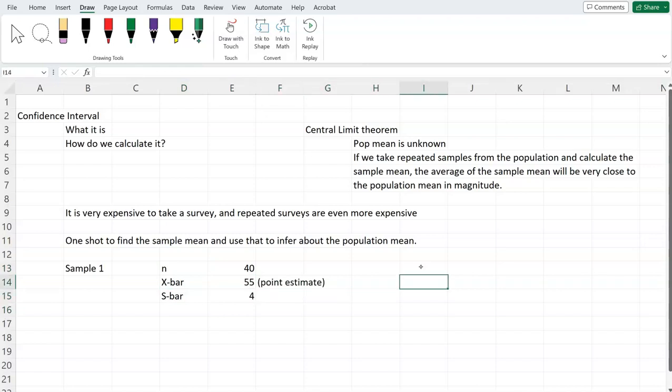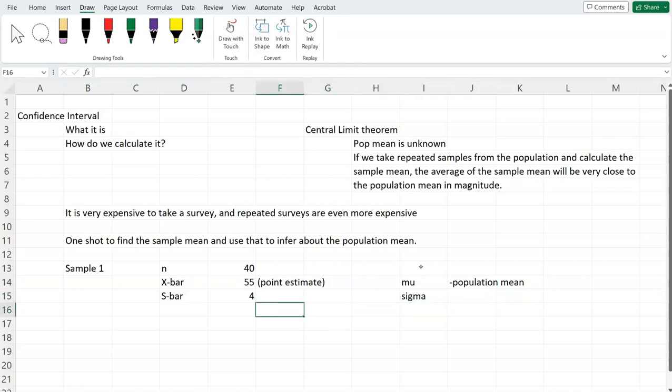From here, we have to make an inference about the population mean, which we call mu, and the population standard deviation, which we call sigma. So mu is my population mean, and sigma is my population standard deviation.